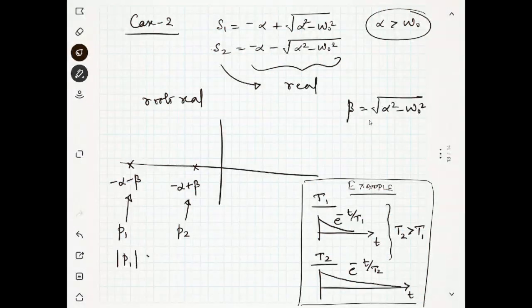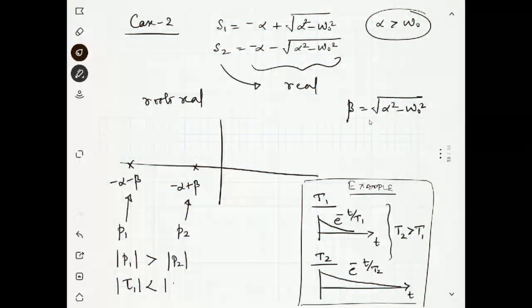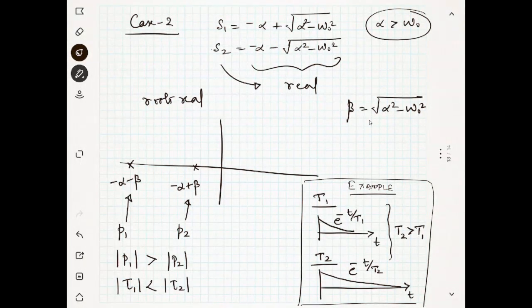Yes, the magnitude of P1 is greater than the magnitude of P2. So the magnitude of tau 1 is less than the magnitude of tau 2. Am I correct? Yes, sir. Because it is an inverse relation: the magnitude of Pi is nothing but the magnitude of 1 by tau. That's it, just inverse.